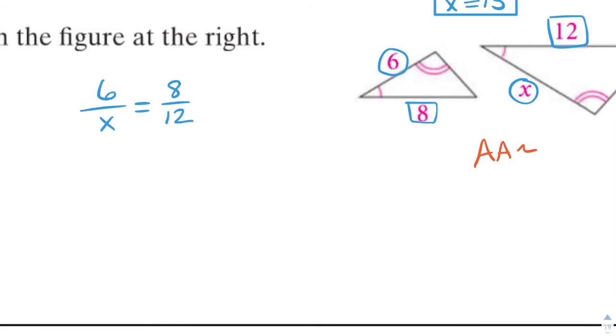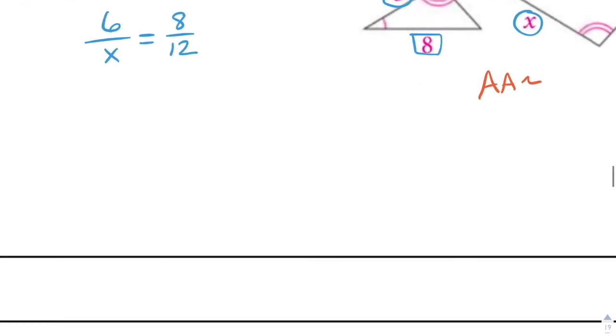So 6 is to x, as 8 on the left-hand side is to 12 on the right-hand side. So I get 8x equals 72. 6 times 12, yep, 72. Divide both by 8. So it looks like x is equal to 9.